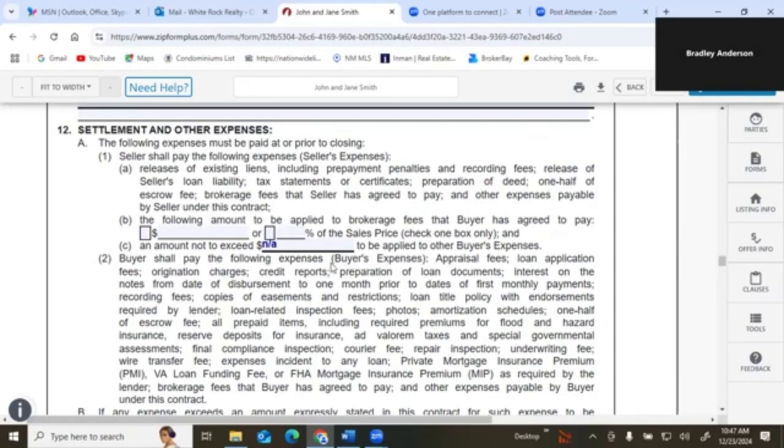So let's read this because it breaks out the seller's obligations to pay certain things and the buyer's obligation to pay certain things. And in that, it mentions brokerage fees. So seller shall pay, shall, meaning obligated, to pay the following fees.